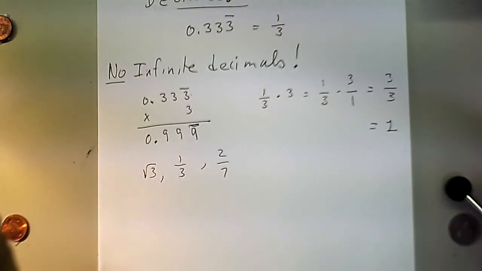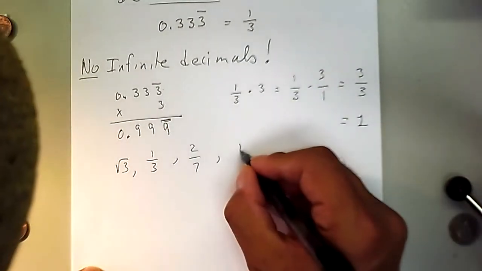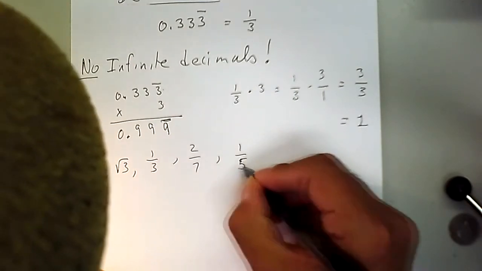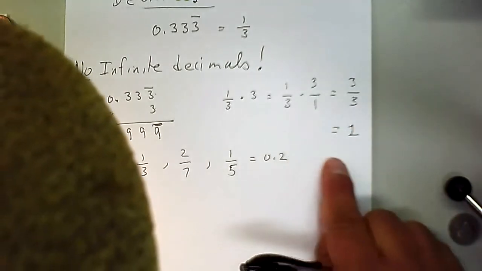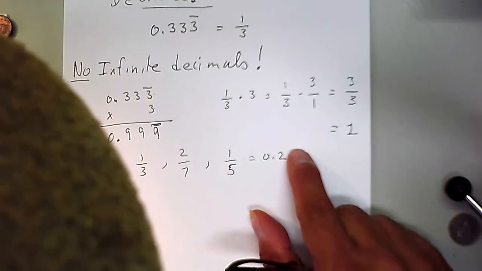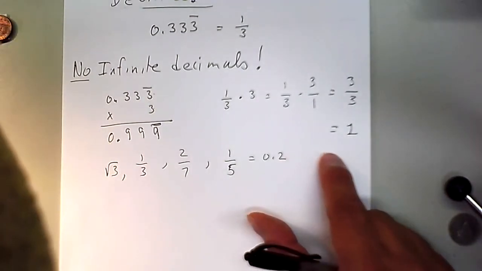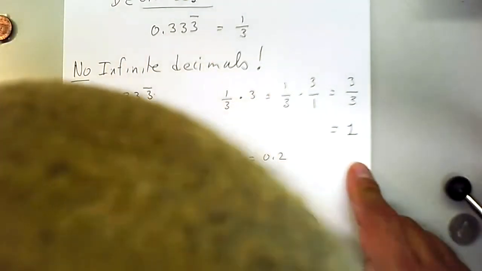Now, there are some cases where a decimal would be okay. So 1/5 is okay because that is 0.2. It terminates. There's no infinite decimal. Although, technically speaking, one could say there's an infinite number of zeros past the 2, and that is true.